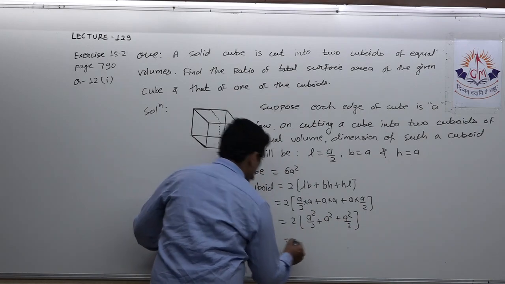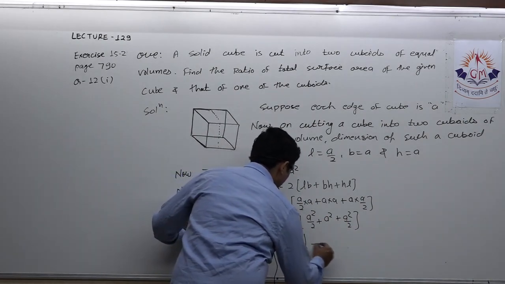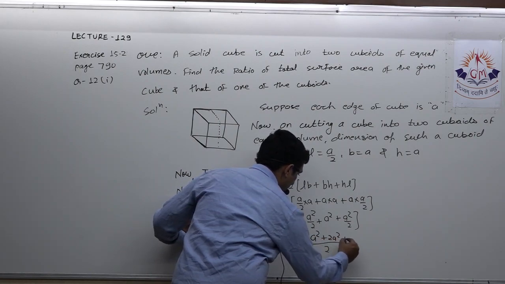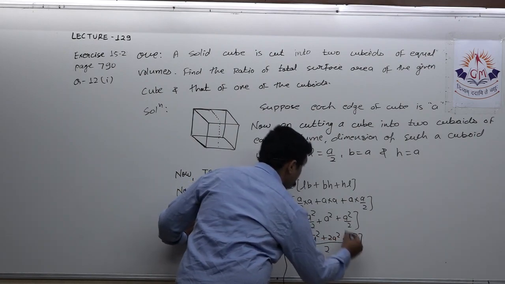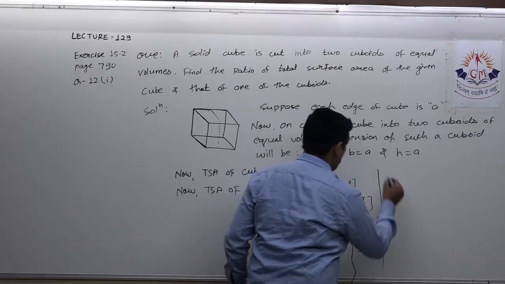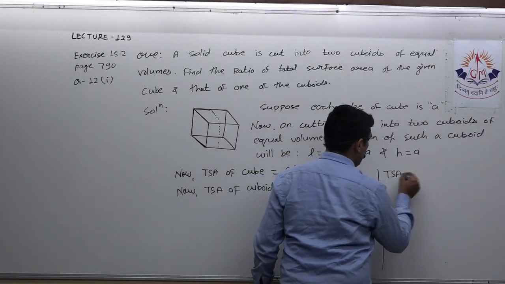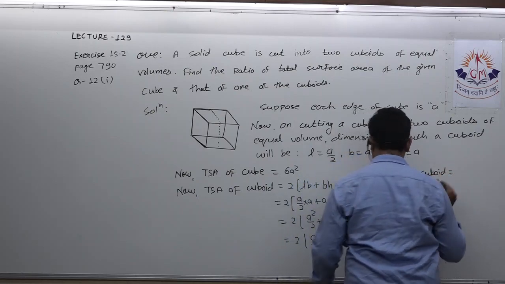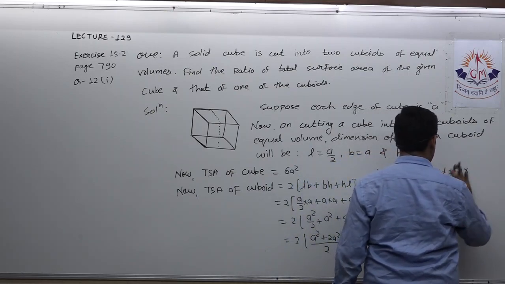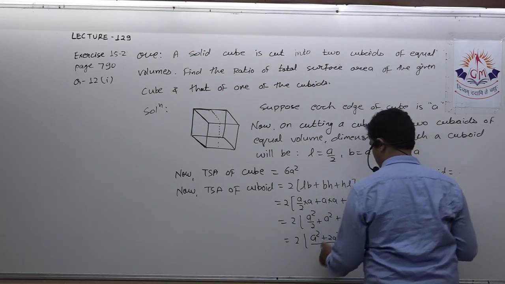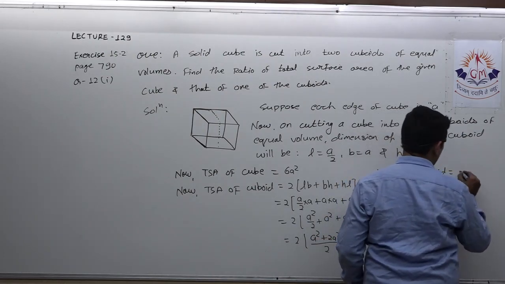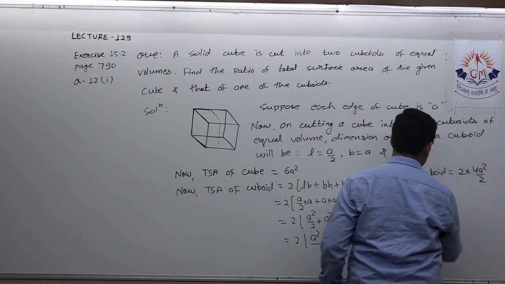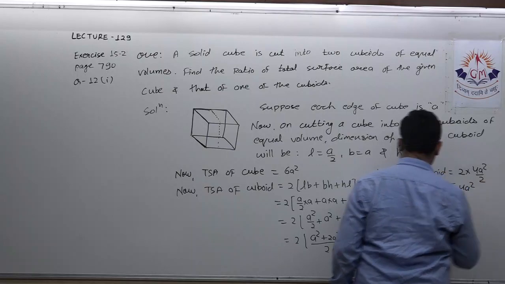Taking LCM 2, that is A square plus 2A square plus A square. So TSA of the cuboid is equal to 2 multiplied by 4A square by 2, that is equal to 4A square.